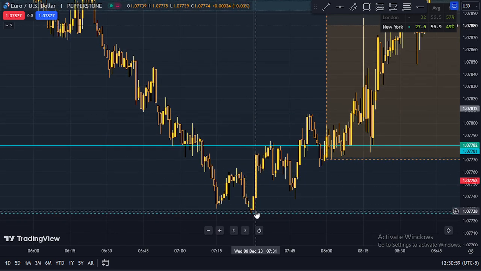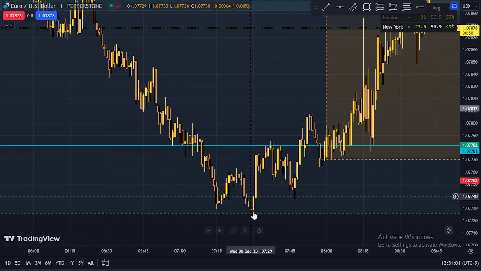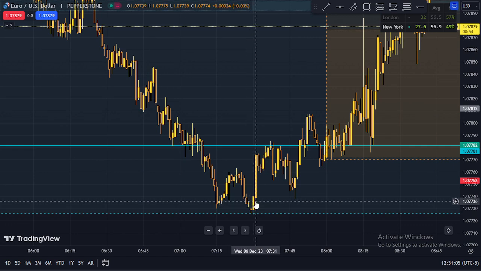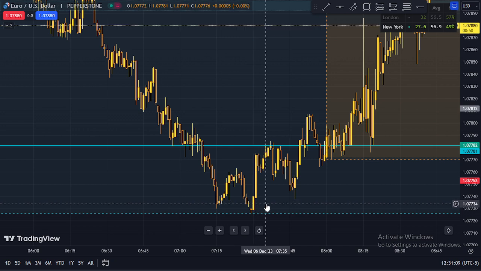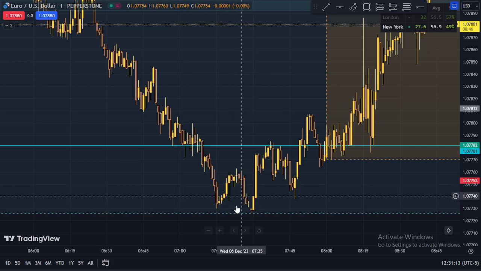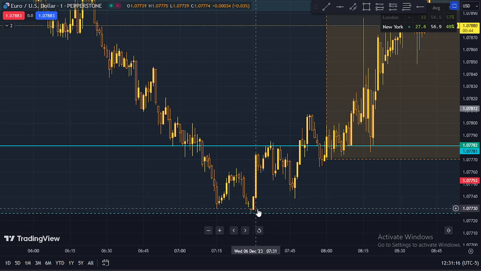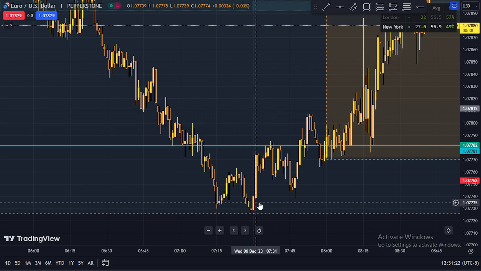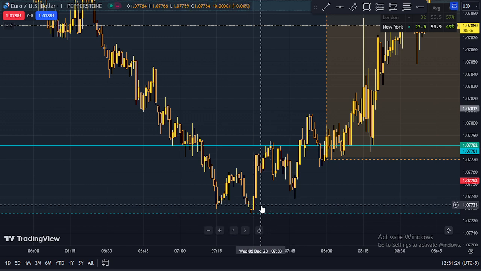So eventually you learn how to enter right here, because it takes courage and a great deal of convincing for you to go long below all lows and go short above all highs.